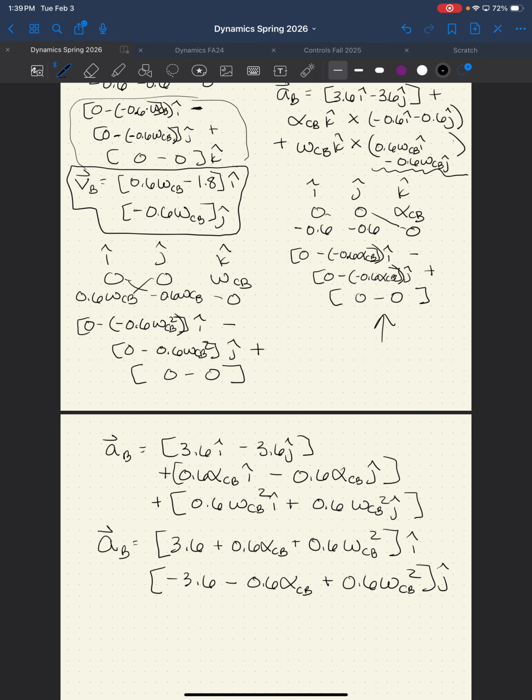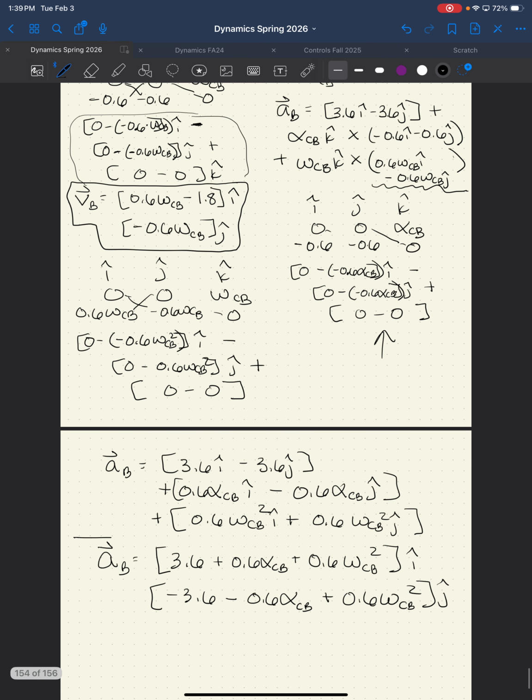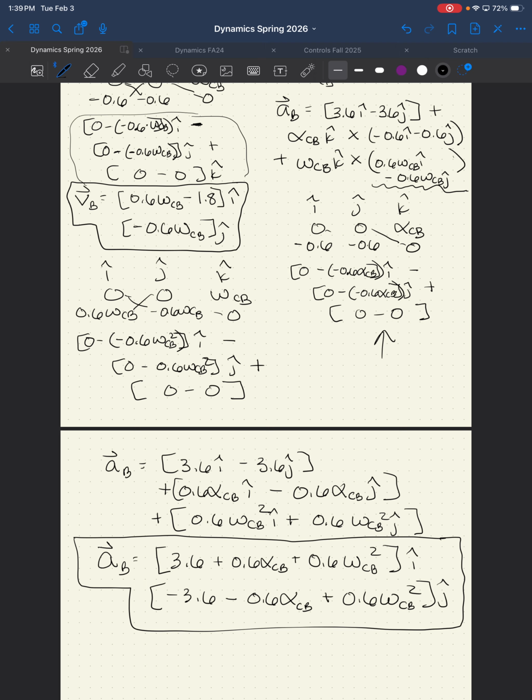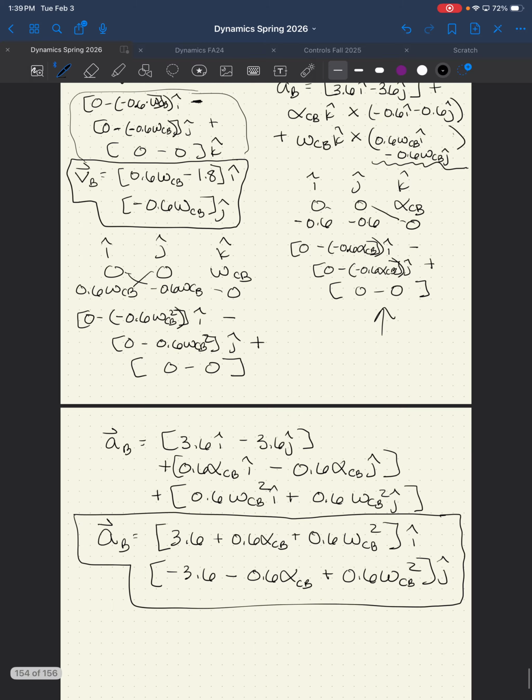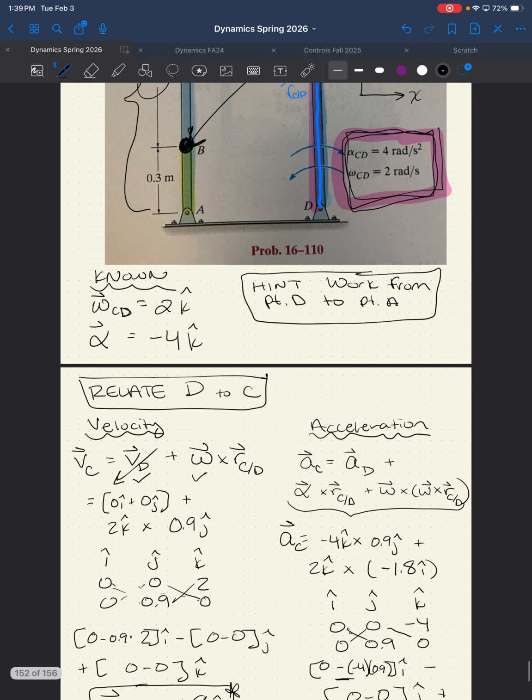Let's look at that. To B from A. I'm thinking 0.3 J hat. All right, not too bad. Another cross product.